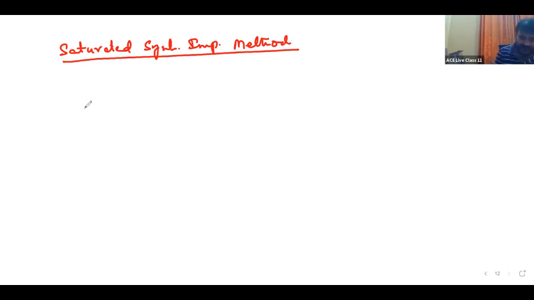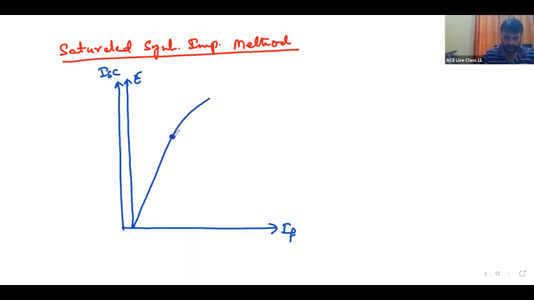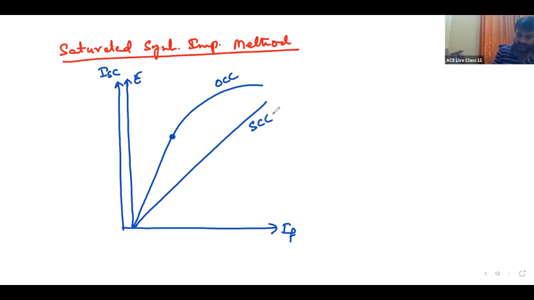Here also the procedure is the same, everything is the same, but only the measurement of ZS differs. This is the OCC and this is the SCC.